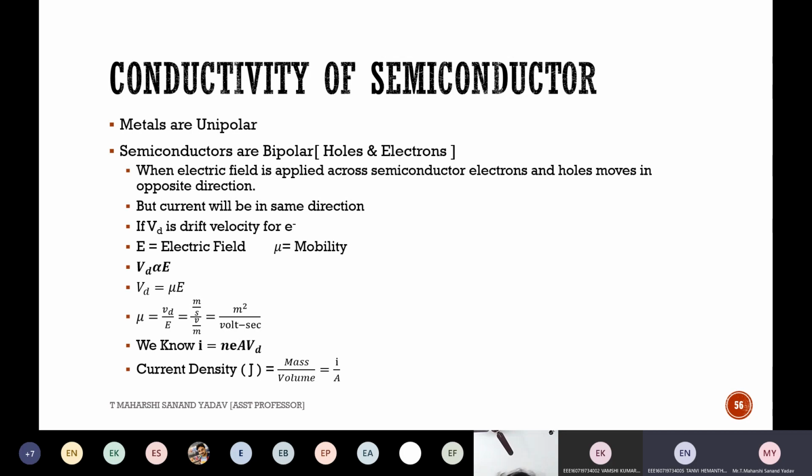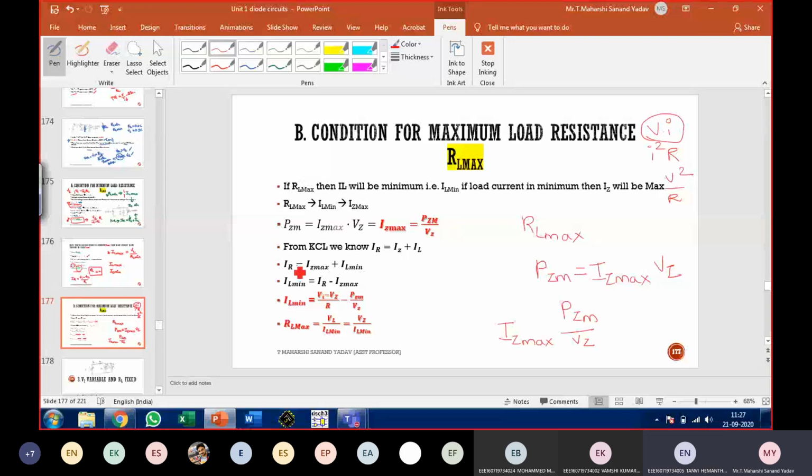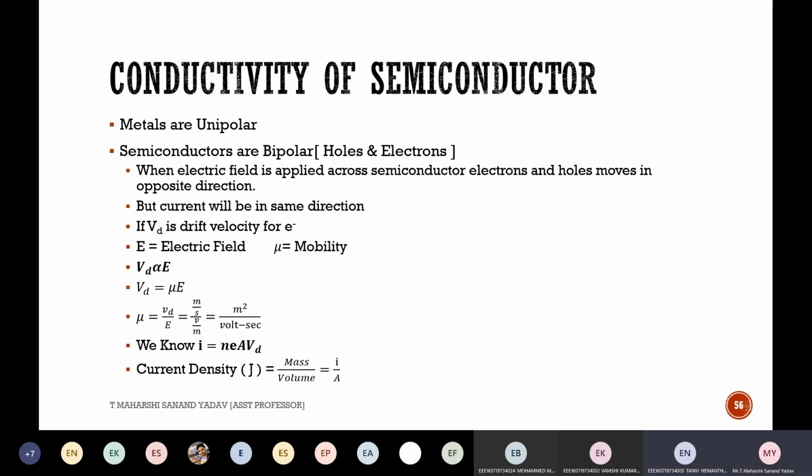So I got this. Now if I apply KCL, I'll get IR is equal to IZ plus IL. Now you tell me, if IZ is max, which one will be min? IL. Good. If IZ is max, obviously IL will be minimum.